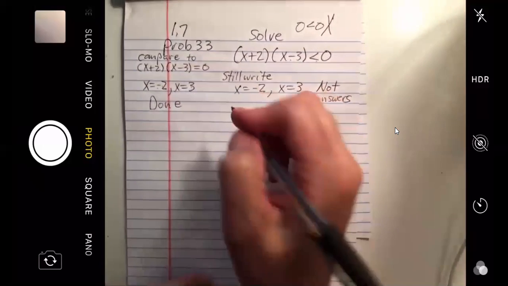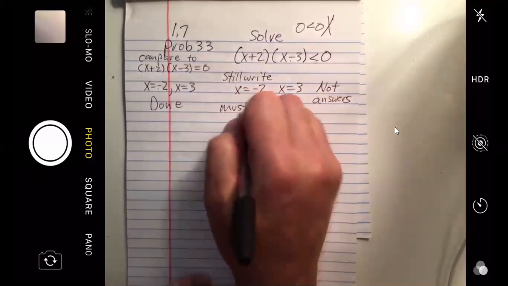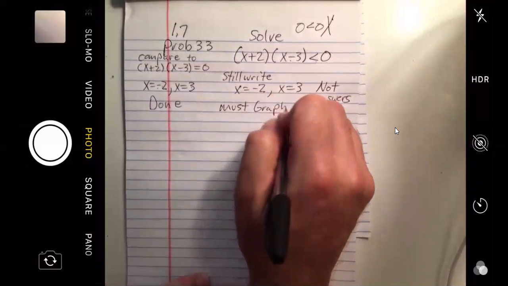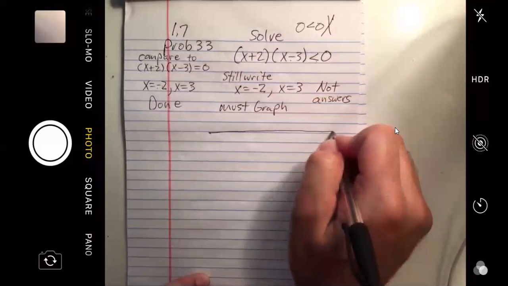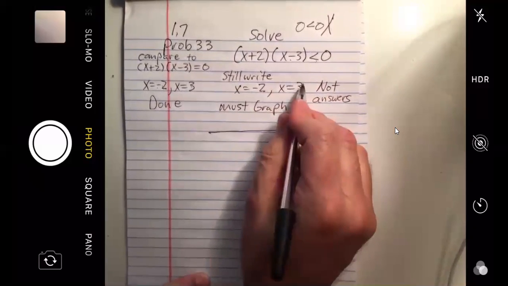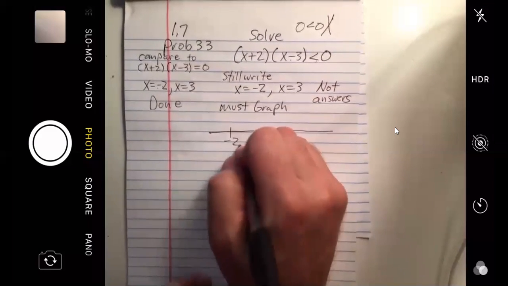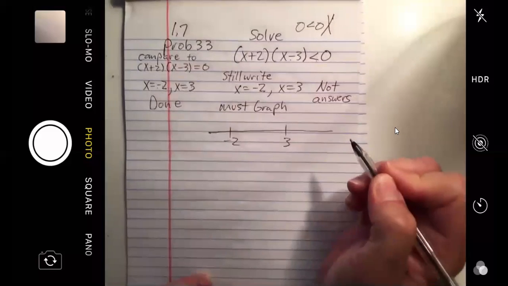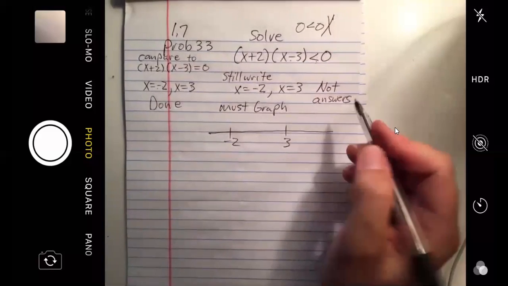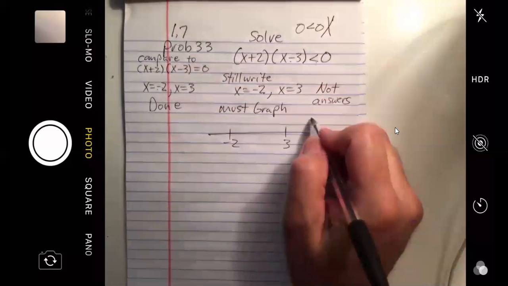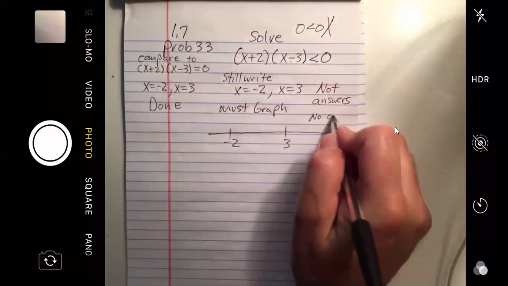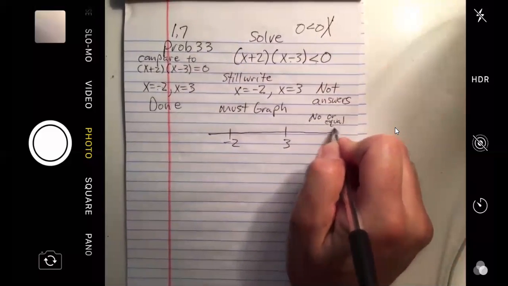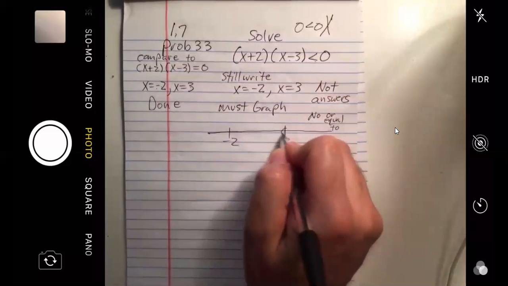Okay, so you must graph. And you put them in order on the number line, -2, 3. You read this. There's no or equal to here. Open circles on both.